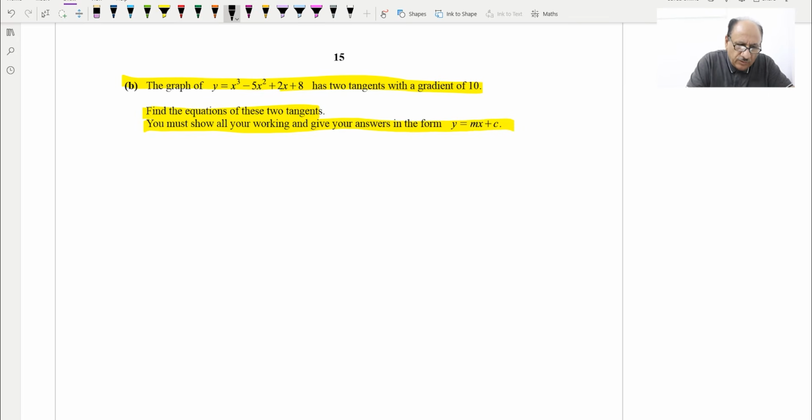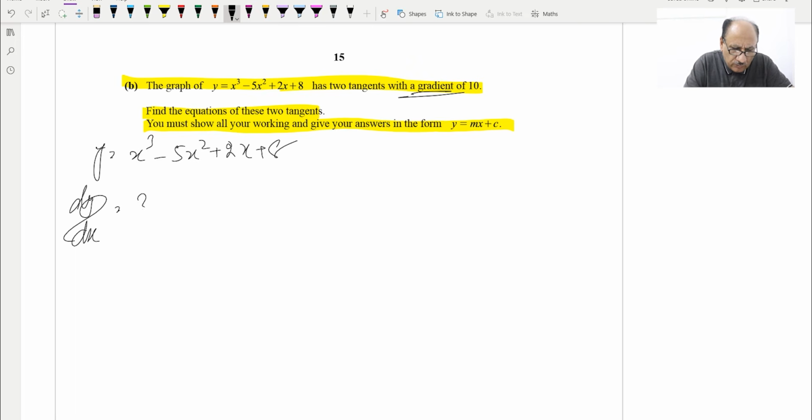So y is equal to x cube minus 5x square plus 2x plus 8, and for the gradient equal to 10, we will take differentiation: dy by dx is equal to 3x square minus 10x plus 2, and this is equal to 10, which is given.